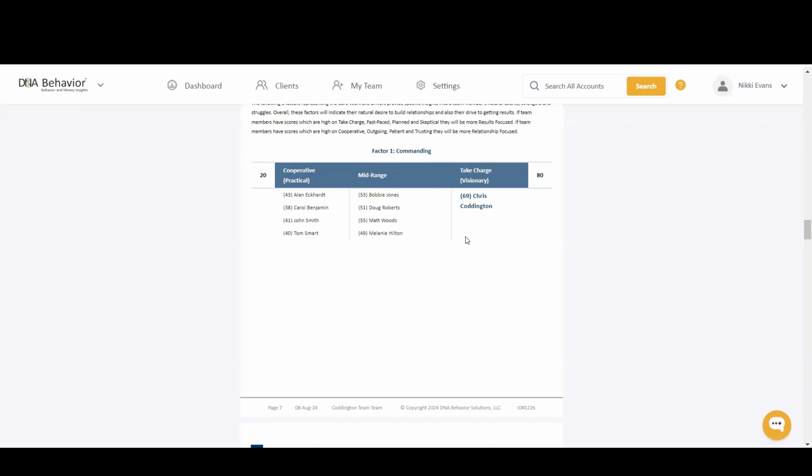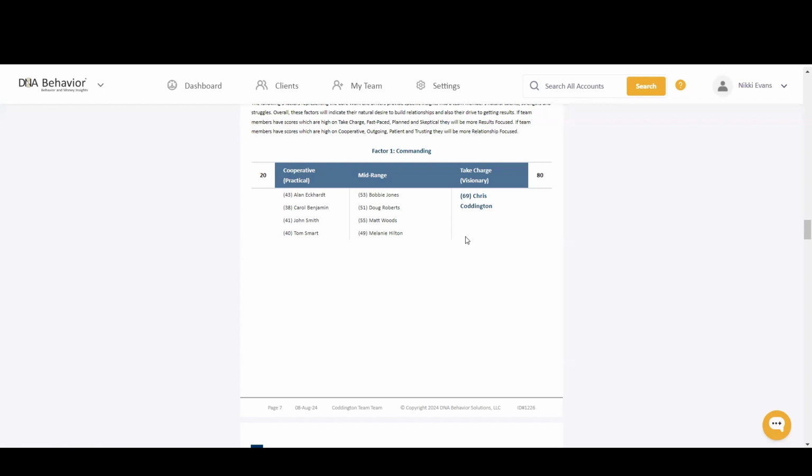So it's easy for Doug and Matt and Bobby to flex and be more cooperative, or to lean into that take charge that's a little bit more natural for them. For Chris, it's very difficult for him to flex to be very cooperative. And it's very difficult for Carol and Alan and John and Tom to flex to be very take charge.